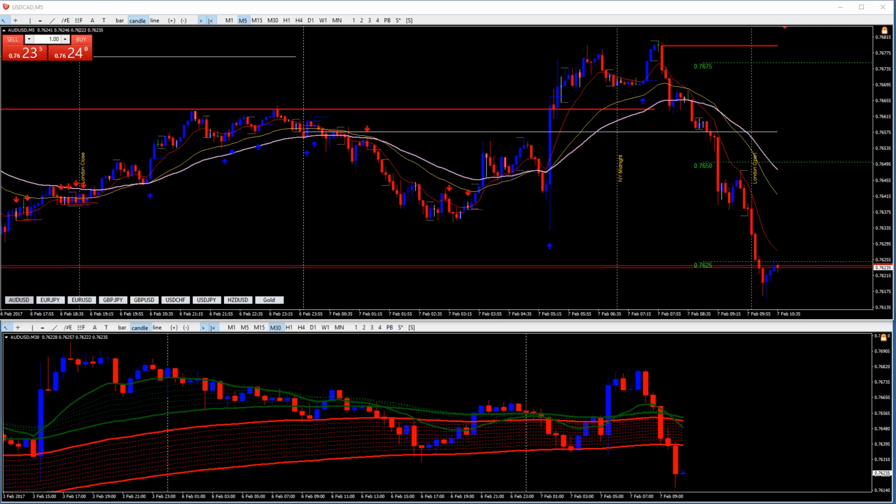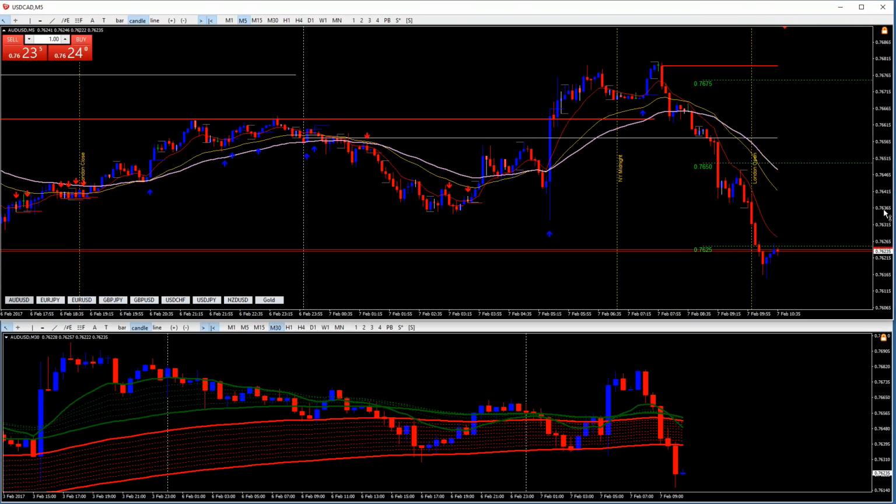Pretty big move already. So first thing I'm going to do is go over my basic trade setup, and for anybody that doesn't know, I'm a scalper.